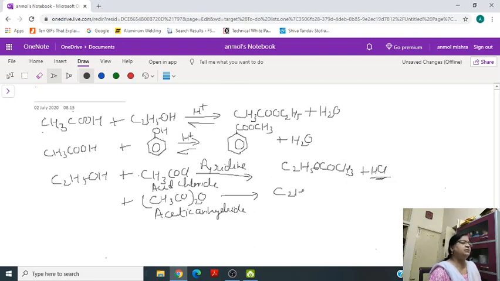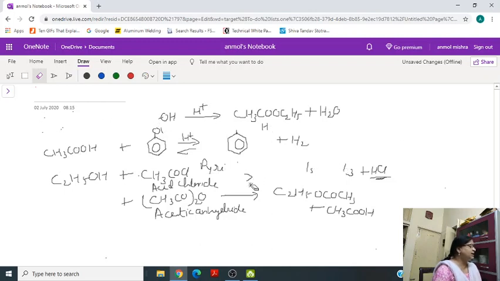Again, the only difference is the byproduct formed is acetic acid. Now, one more reaction here we'll study, that is acetylation of salicylic acid.